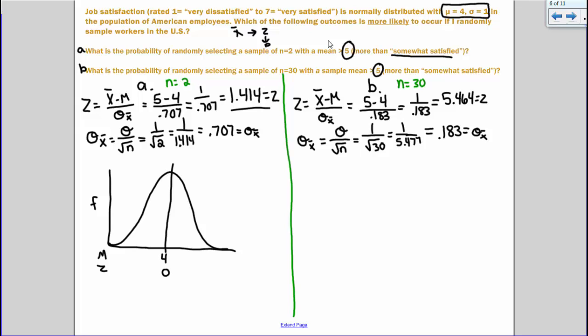And we're looking at a mean of 5. And we know that 5 has a z-score of 1.414 in this case. Now let's draw the sampling distribution over here, and I'll be careful to try to draw a more narrow curve because our standard error is smaller.